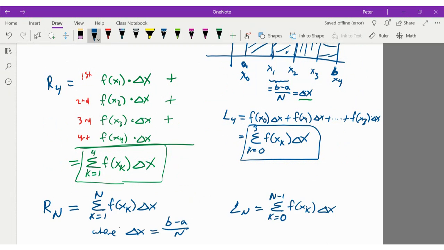So these are the formulas that you can use to find the right and left endpoint approximations.